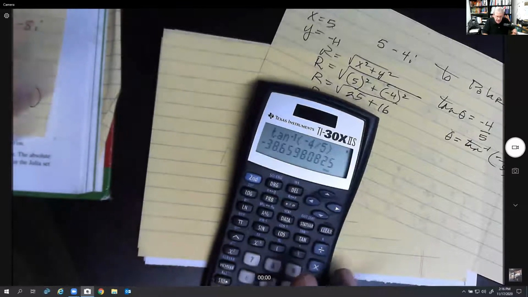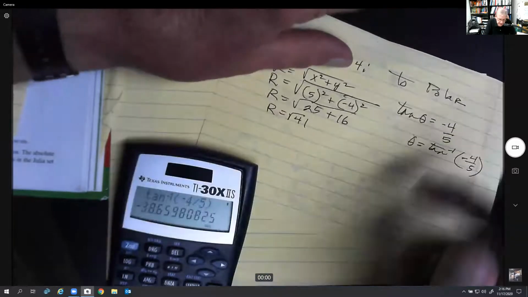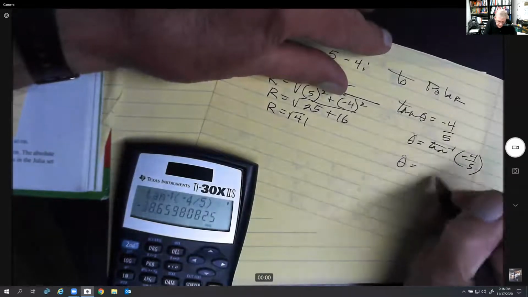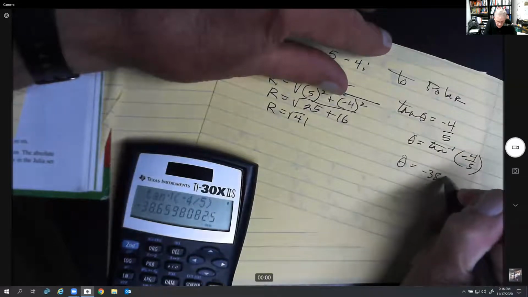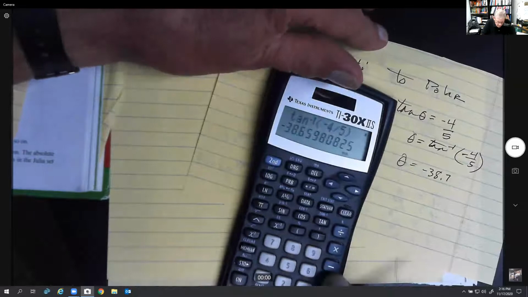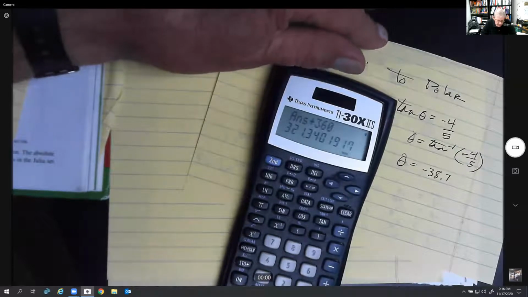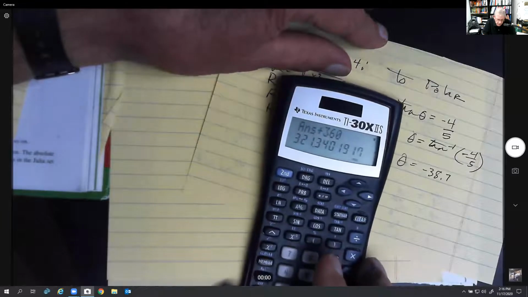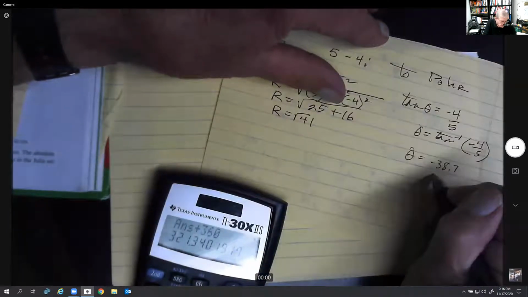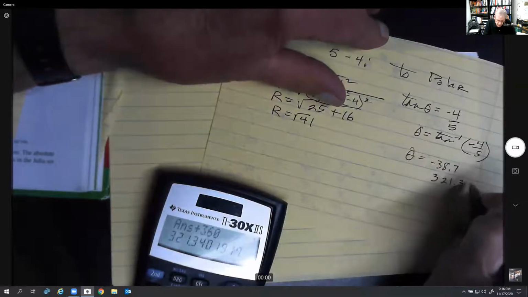So they gave it to me as a negative angle, -38.7. Theta equals -38.7. I usually want these as a positive number. So what I'm going to do is add 360 to this so I can get a positive angle, 321.3. And I think they actually wrote 321.34.